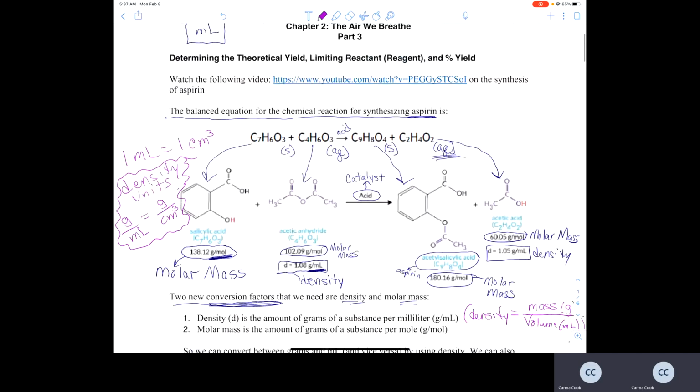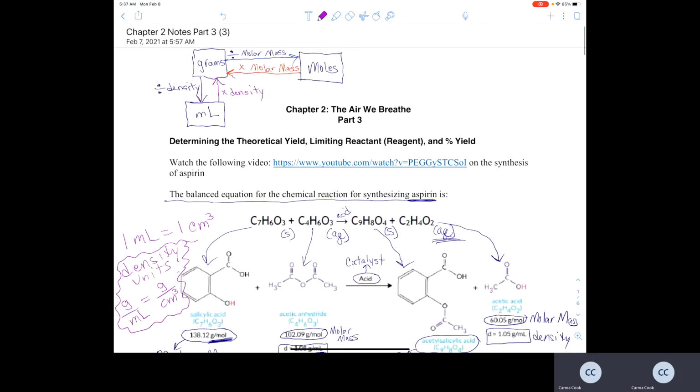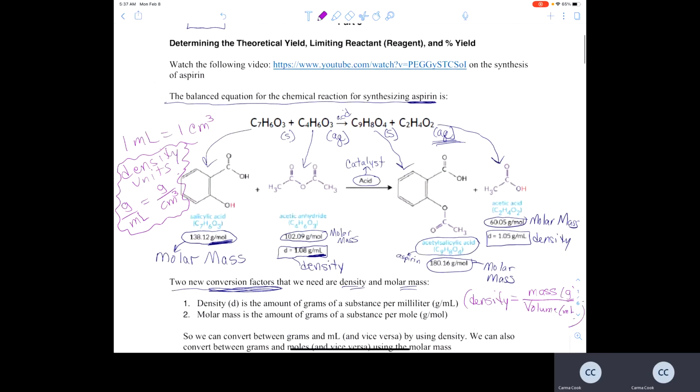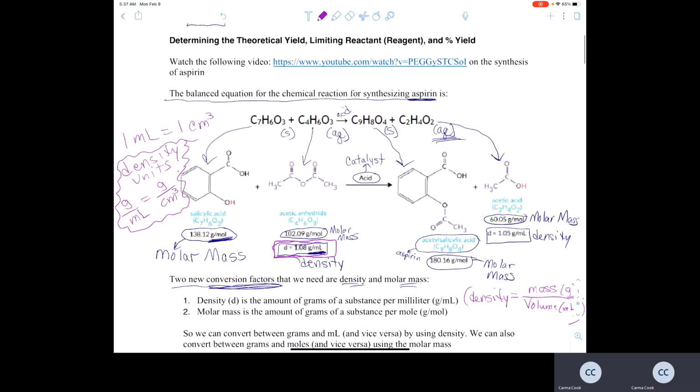And our little flow chart tells us if we want to go from milliliters to grams, we need to multiply by the density. And the density for acetic anhydride is 1.08 grams per milliliter.